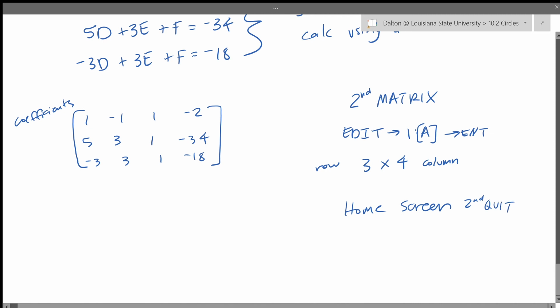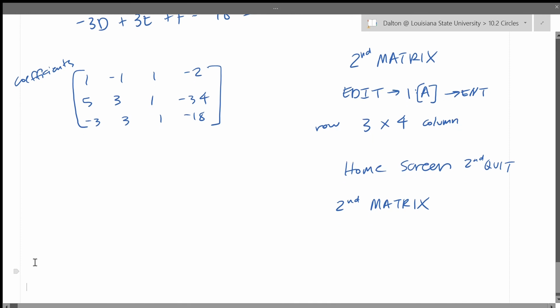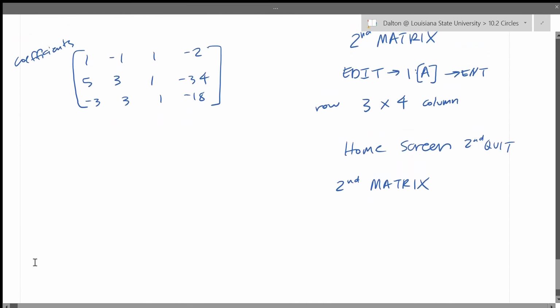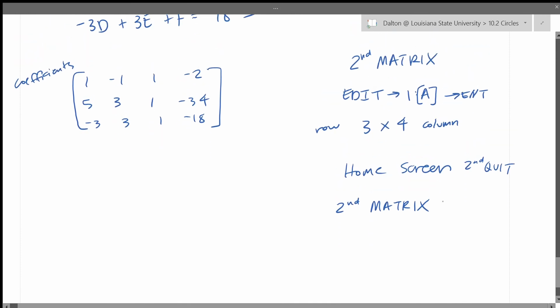When you go back to the home screen, what we want to do is hit second matrix again. And then in order to actually solve the matrix, you are going to scroll over to math. And then you're going to scroll either up or down, it doesn't really matter, to RREF, which is reduced row echelon form.